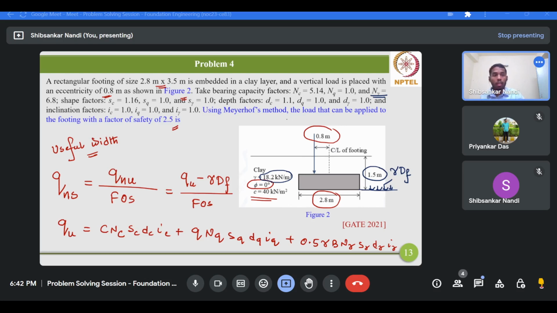I think I have made one mistake here. This N gamma value will not be 6.8, because this is a phi equals 0 soil. So obviously this value should not be 6.8.